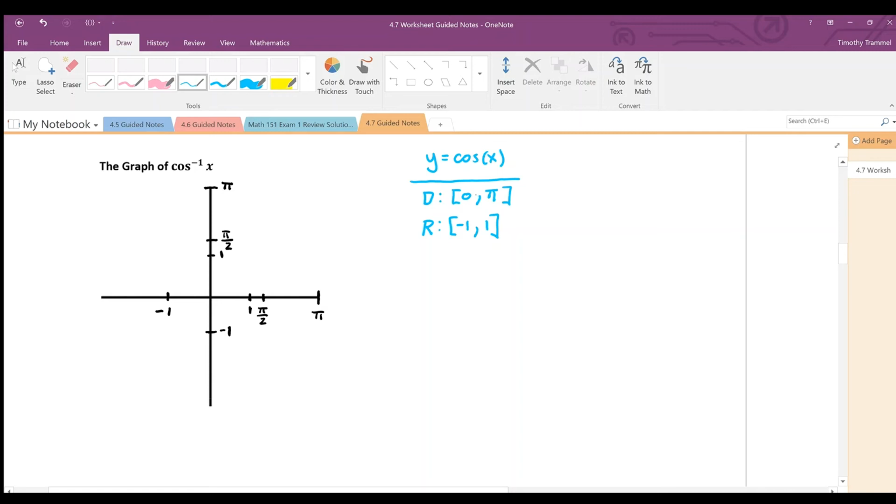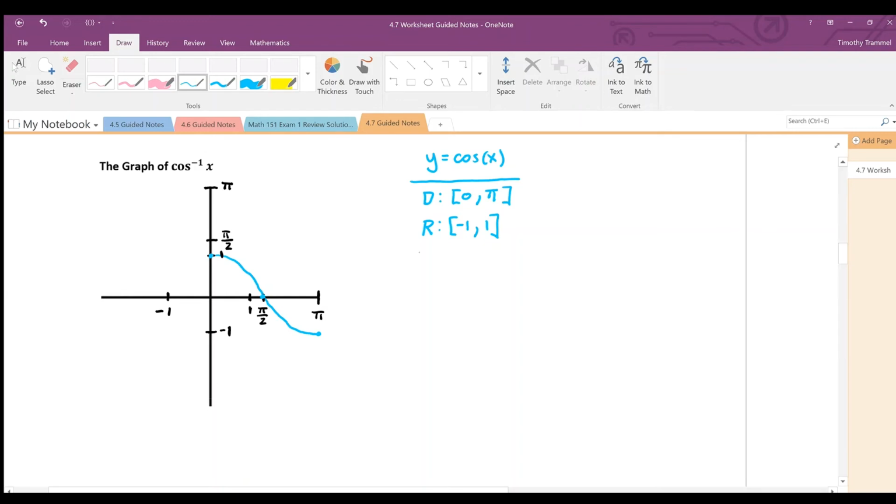And while we're at it, let's graph it. So cosine of 0 is 1, cosine of pi over 2 is 0, and cosine of pi is negative 1. There we go.